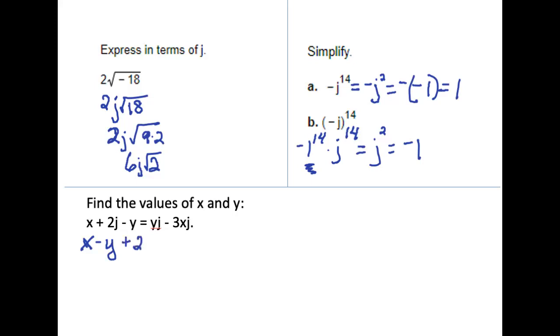I'm trying to make it look like a plus bj. On the right-hand side, there is no real part, because both of these have a j. So it's kind of like an understood 0 plus, and I'm going to factor out the j, which leaves me with y minus 3x, times the j.